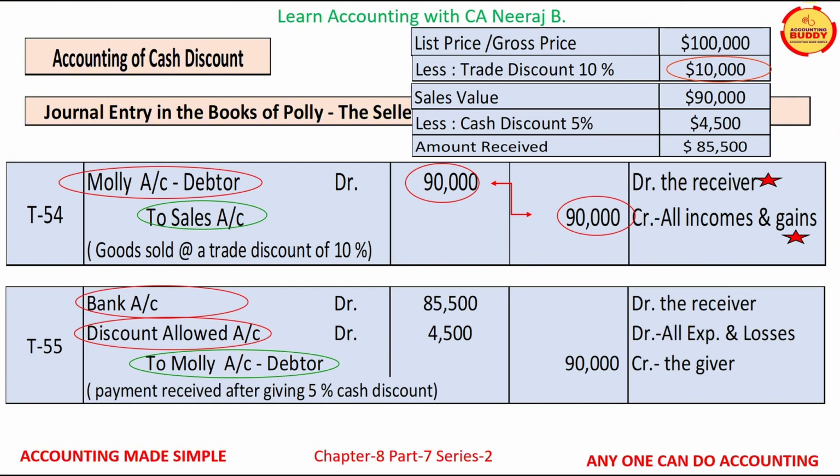Bank account is a personal account, therefore, under the rule of debit the receiver, it will be debited with the actual received amount of $85,500. Discount allowed being business expense will be debited with the amount of cash discount of $4,500 allowed. Molly's debtor account is a personal account and will be credited with the amount of transaction value of $90,000 settled and is credited under the rule credit the giver.